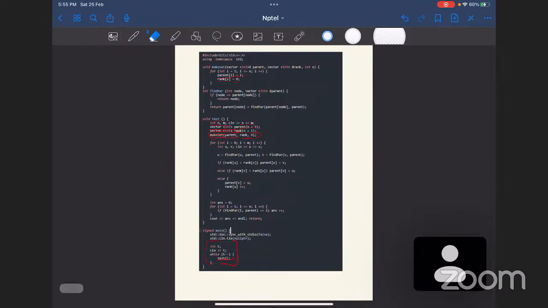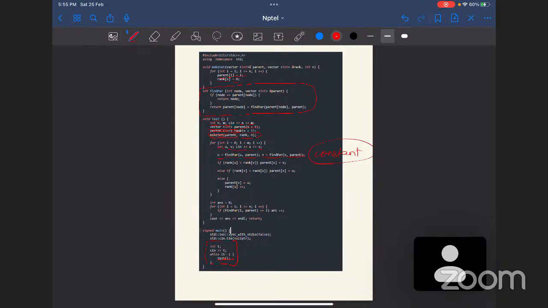Now for each edge U and V, you find the parent of U and you find the parent of V. This is the find parent function. The time complexity in which you can find the parent of a vertex is constant. So this is very important to note. How it is constant is a different thing.